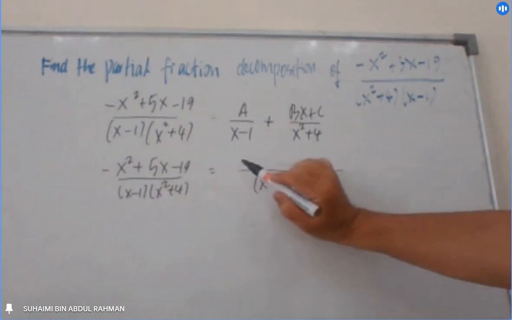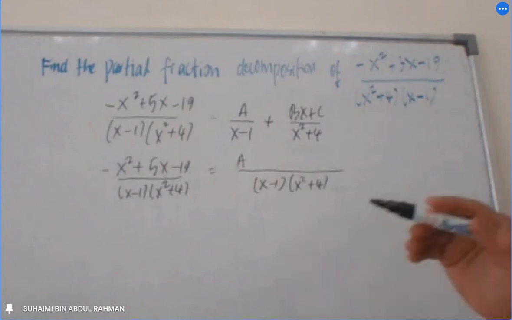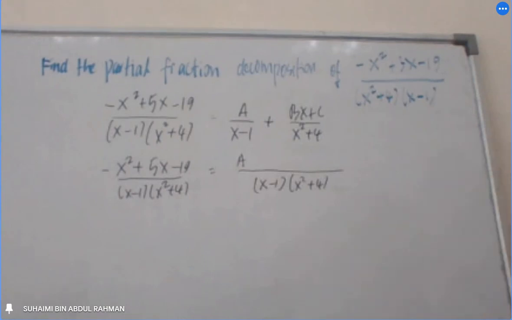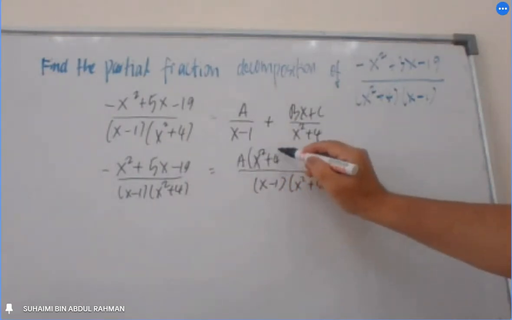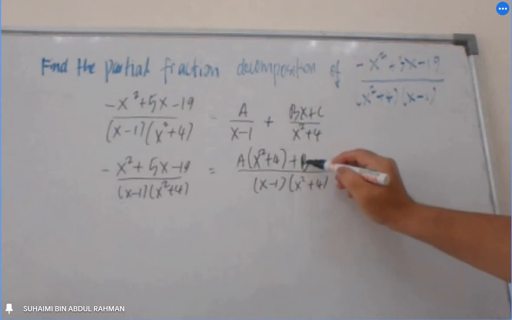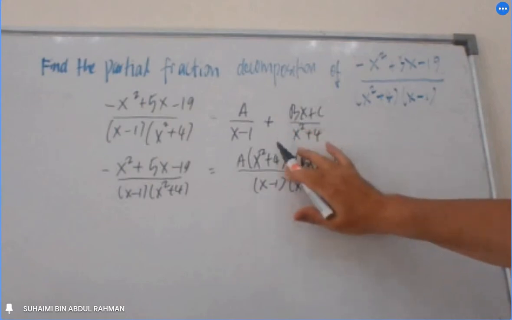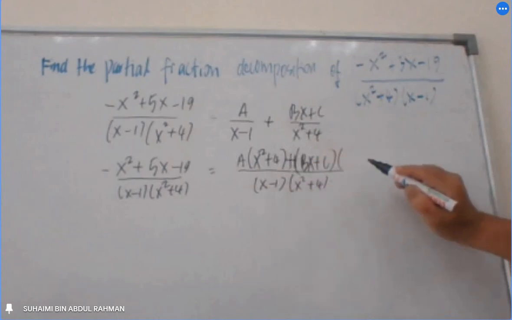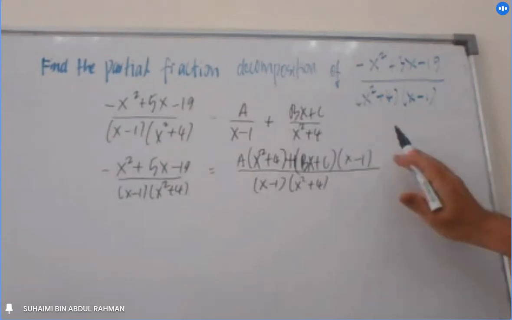So A must be multiplied by x squared plus 4, and Bx plus C must be multiplied by x minus 1.